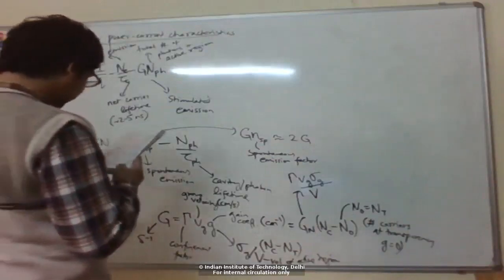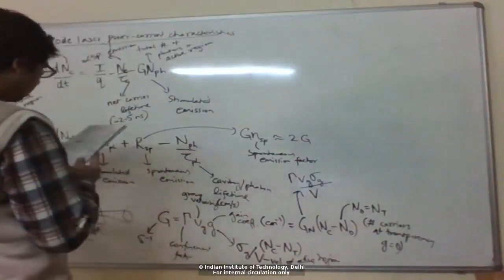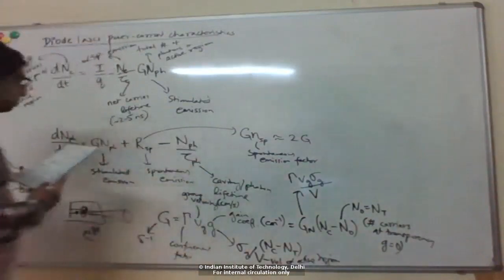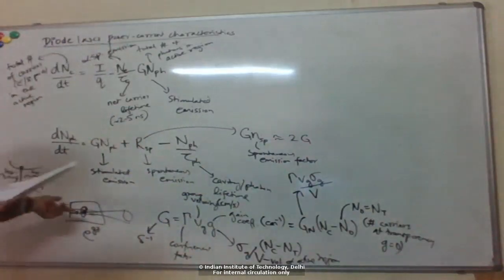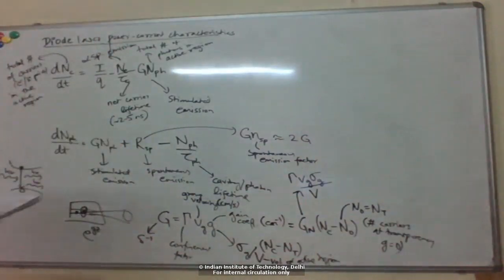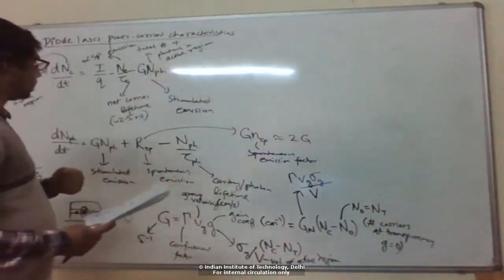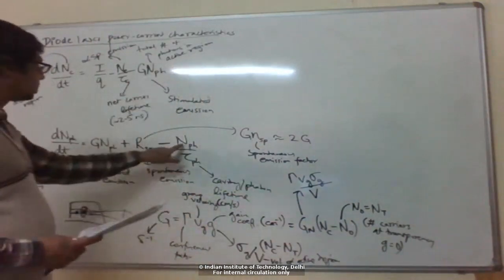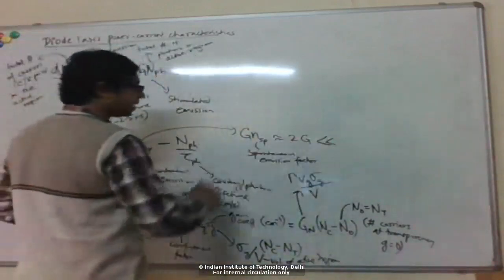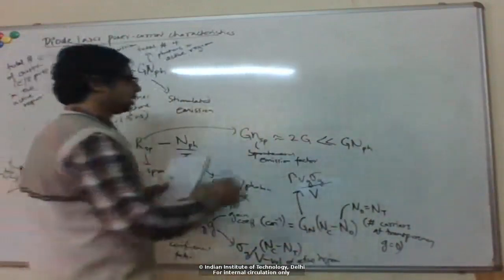It's roughly the number of spontaneously emitted photons in the cavity at any given moment of time. You can obviously imagine that once we cross threshold, we'll create a lot of photons in the cavity. So this number of photons here will be a very large number, of course much bigger than 2. So this will be much smaller than this above threshold.